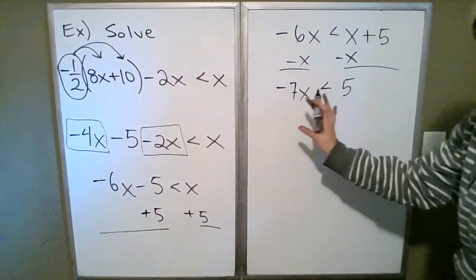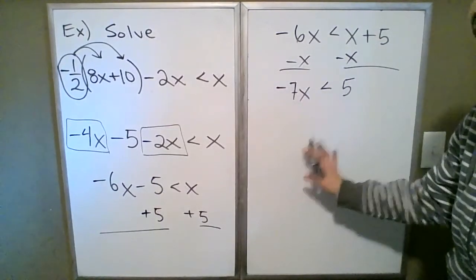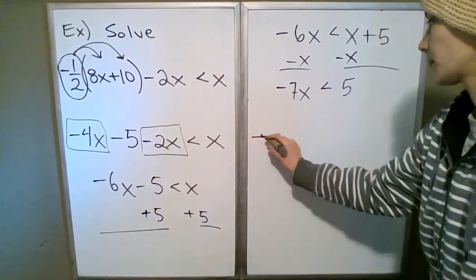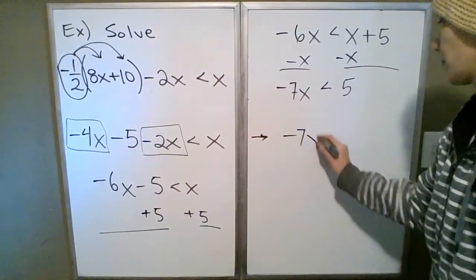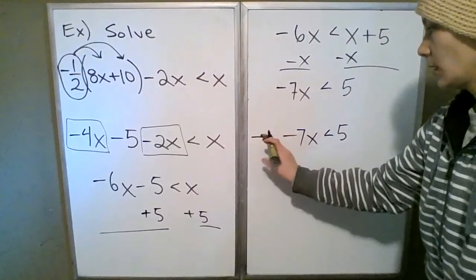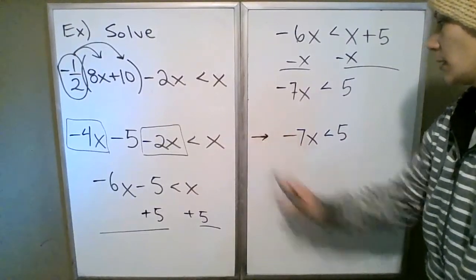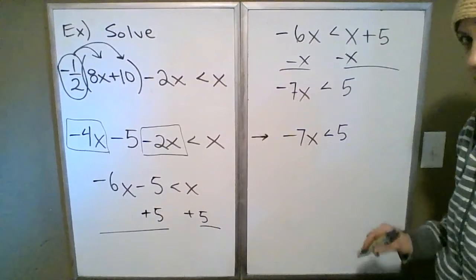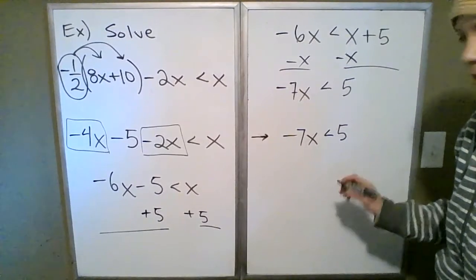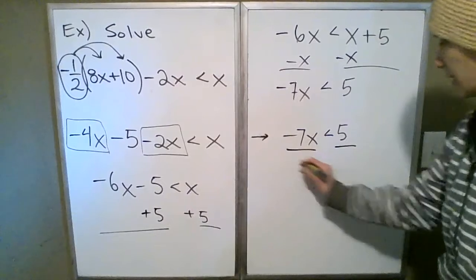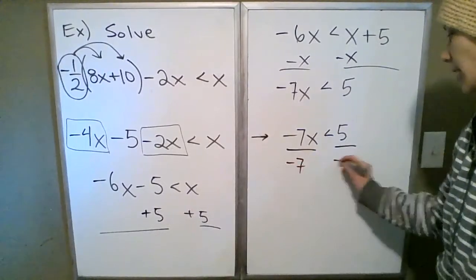Okay, so right now, all I'm doing is going to copy this down exactly how it is. What I want to do is divide both sides by negative 7. But if I divide by a negative number, I have to flip the sign. It's negative 7, negative 7.